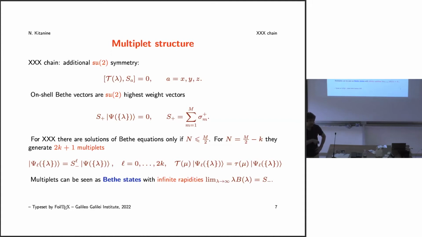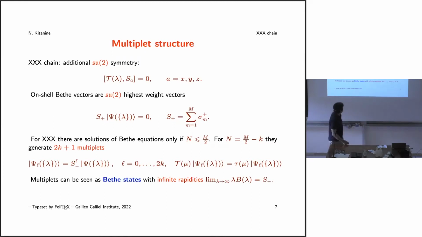So every Bethe state forms an SU2 multiplet, and it depends just on the number of reversed spins in your Bethe state. So if you have, for example, half filled states, it's a singlet. If you have half filled minus 1, it's a triplet, and so on and so forth. So every solution of Bethe equations produces a subspace of given dimension, which is a reducible representation of SU2.